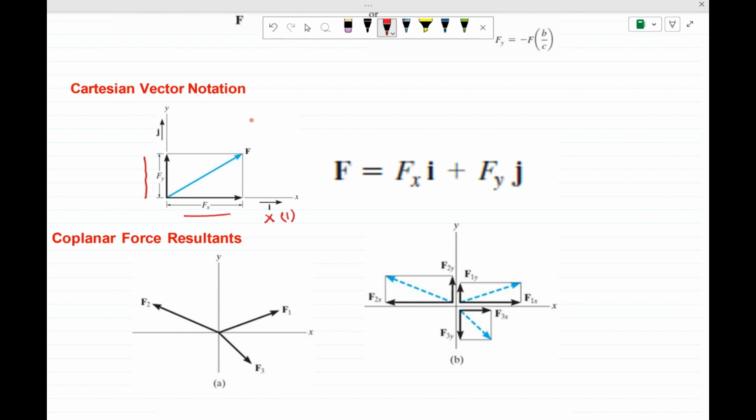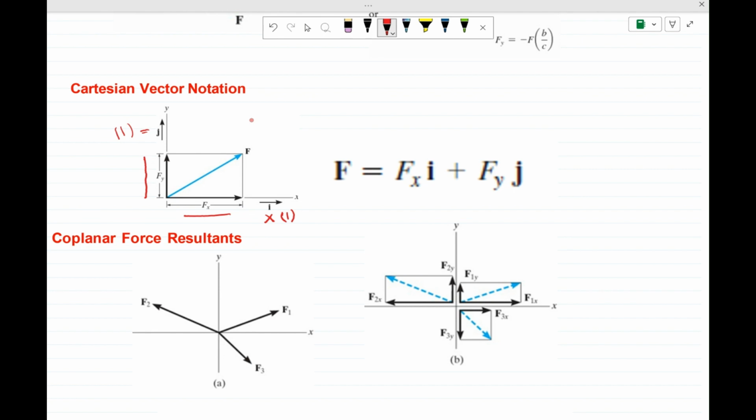And then we do the same thing here. We take F_y and multiply it by the unit vector j, which again has a magnitude of only 1. We also remember that these unit vectors have only magnitudes and are dimensionless.